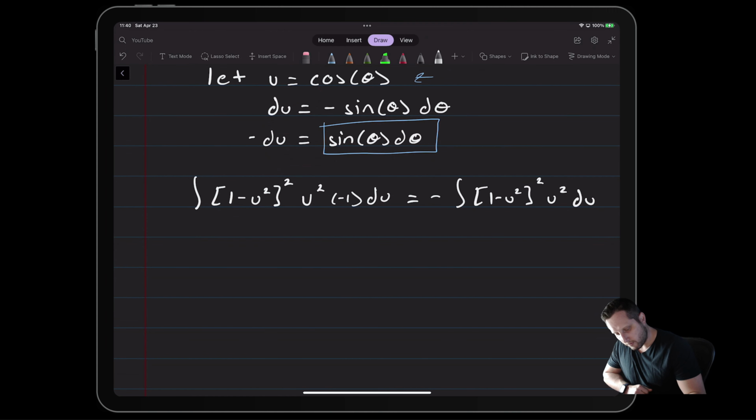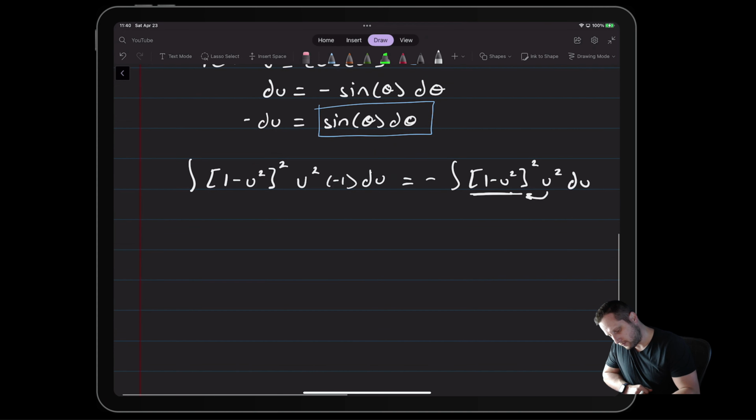So you can expand this out and then multiply the u in, or you can recognize that if you have u minus u cubed, all squared, that's the same as 1 minus u squared times u, all squared, right?